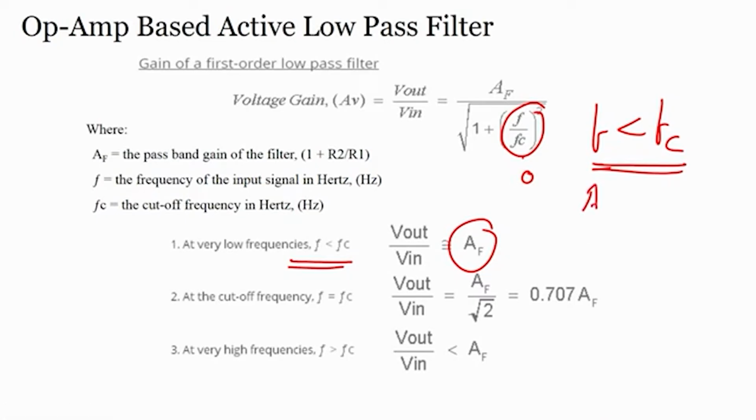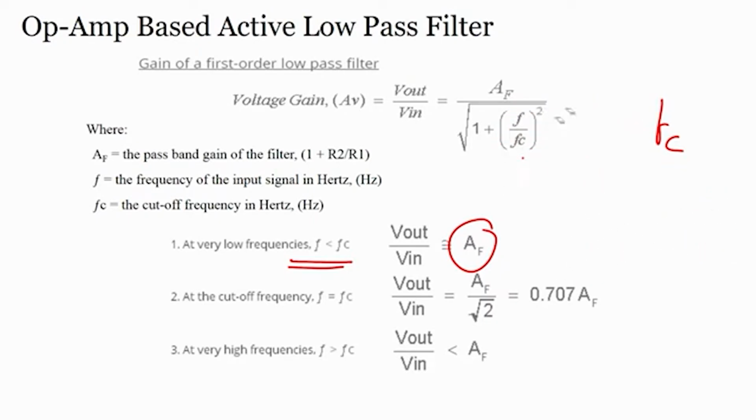So, AF divided by the square root of 1 plus 0, AF divided by the square root of 1, right. So, that is how we get this particular equation.